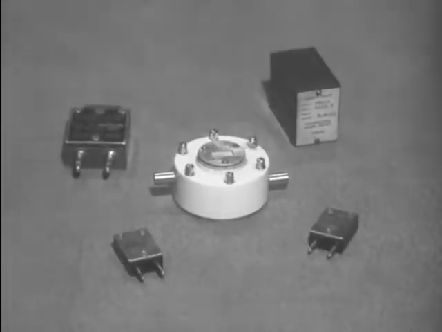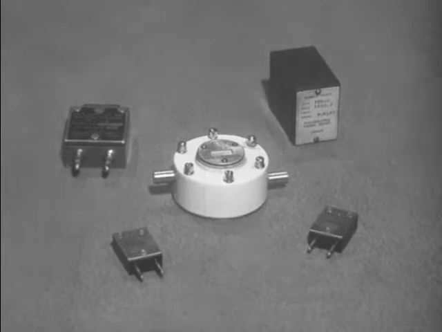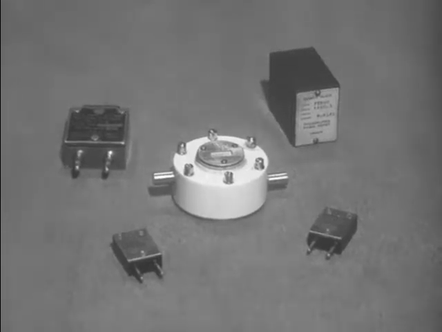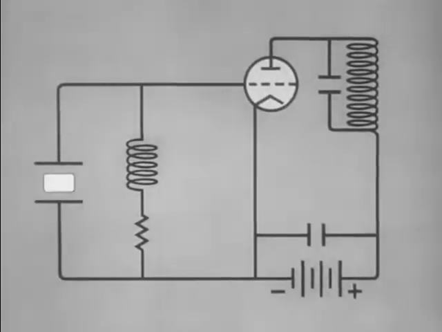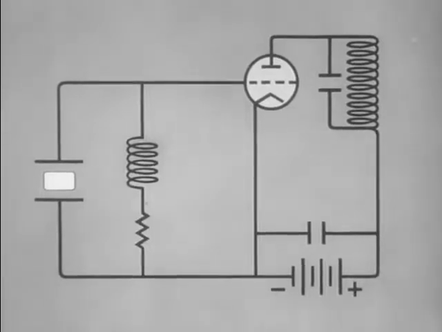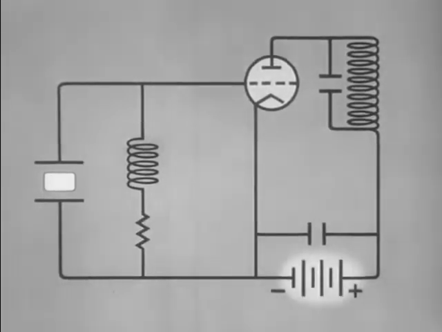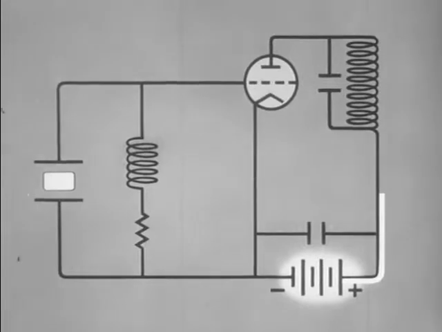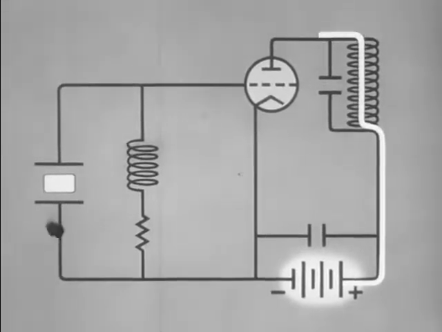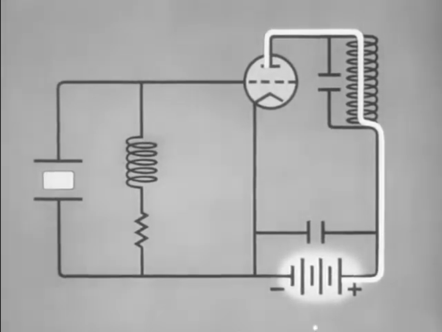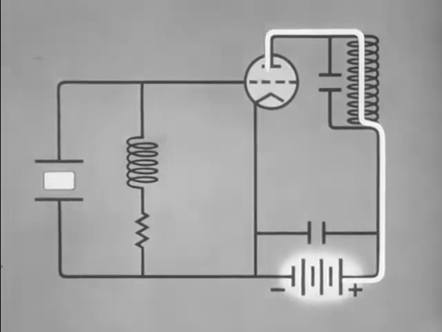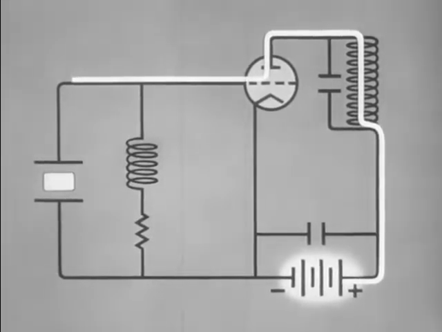The mounted crystal for the indicated frequency looks like this. This is a simple crystal-controlled oscillator circuit. The voltage required to start the crystal vibrating is transferred from the plate of the tube to the grid and then to the crystal.